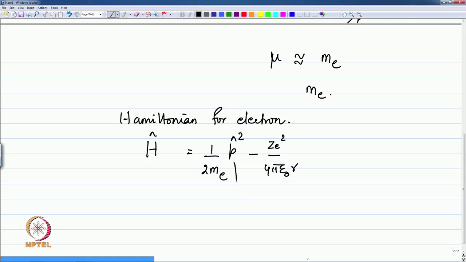And this p squared, which is an operator, is given by px squared plus py squared plus pz squared, the three components of the momentum in a coordinate system which is fixed on the nucleus itself.